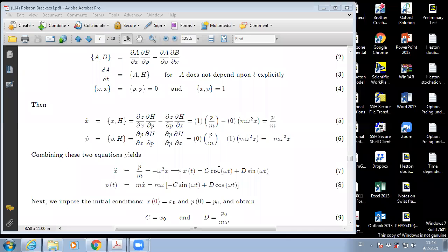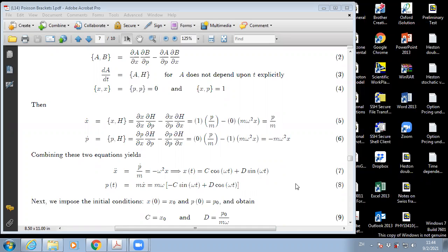The general solution will involve cosine omega t and sine omega t. And how about p(t)? Once x(t) is found, p(t) is equal to m x dot, so we just differentiate x(t) and we can obtain p(t).